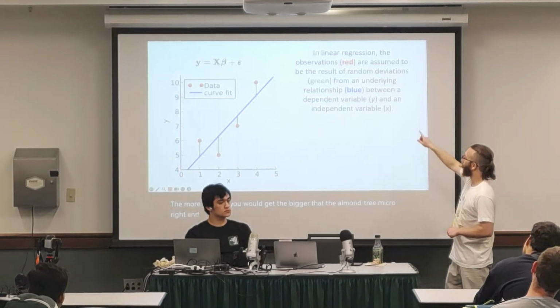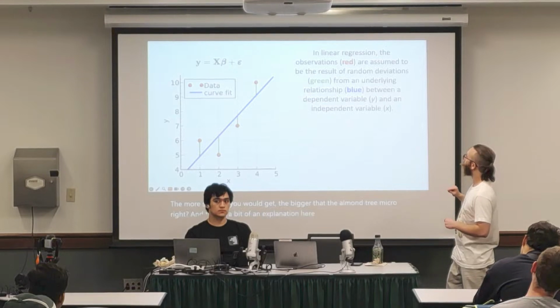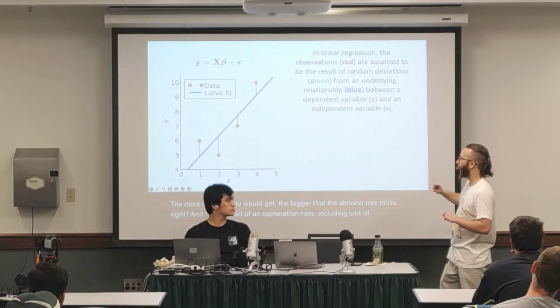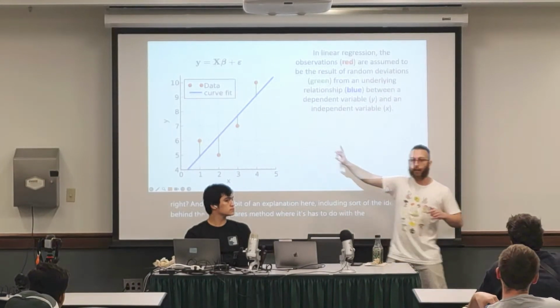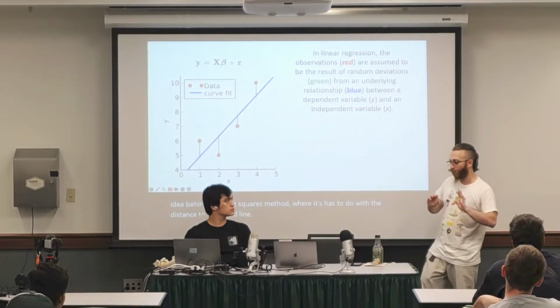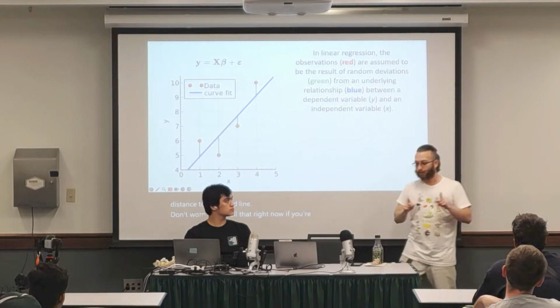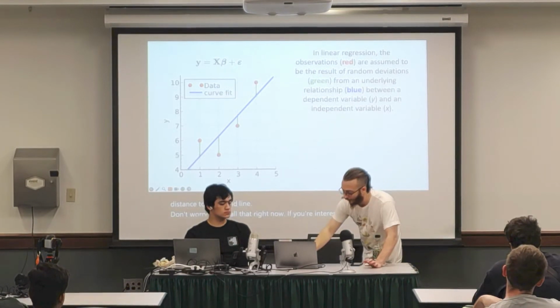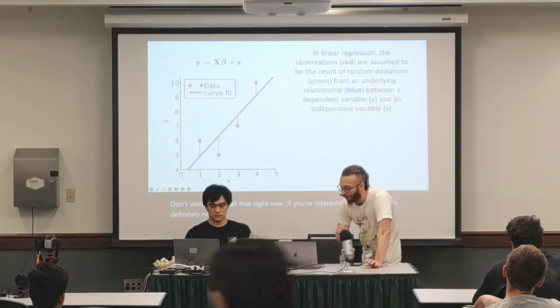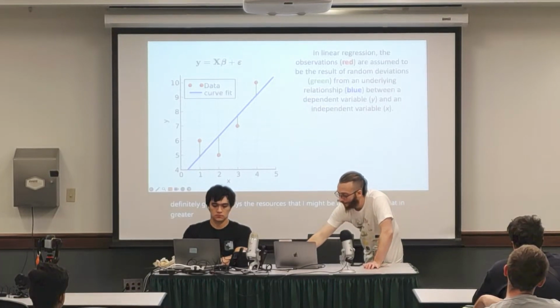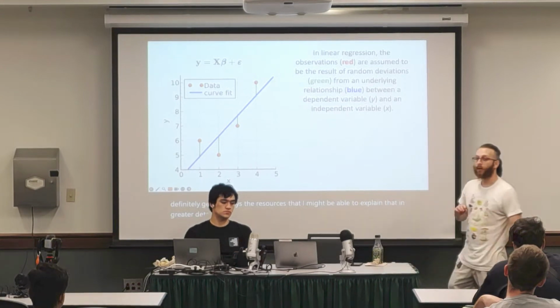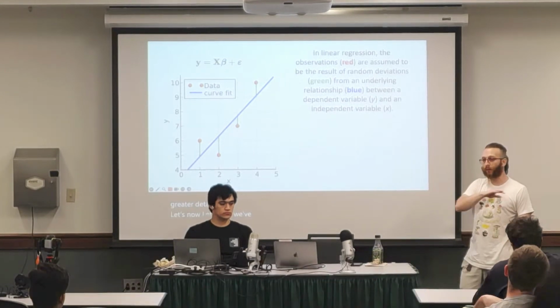And there's a bit of an explanation here, including the idea behind the least squares method, where it has to do with the distance to this trend line. Don't worry about all that right now. If you're interested, good, and I can definitely get you the resources that might be able to explain that in greater detail.